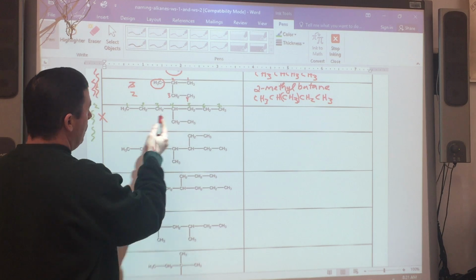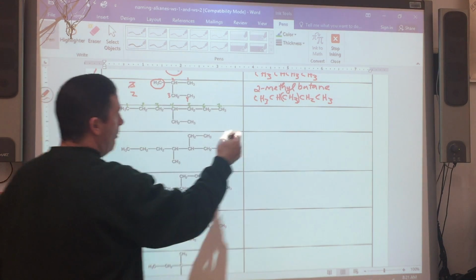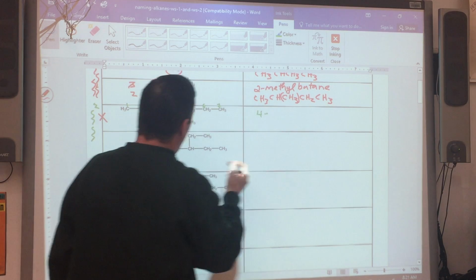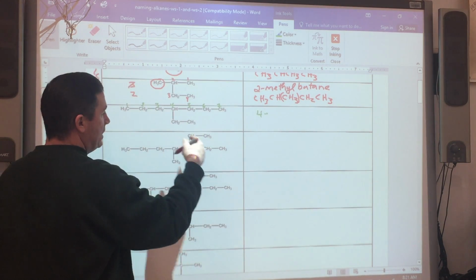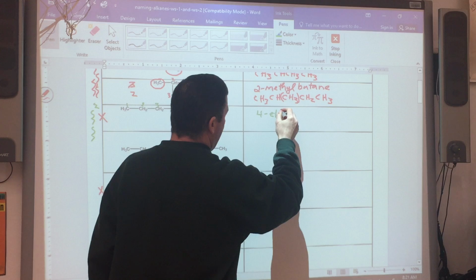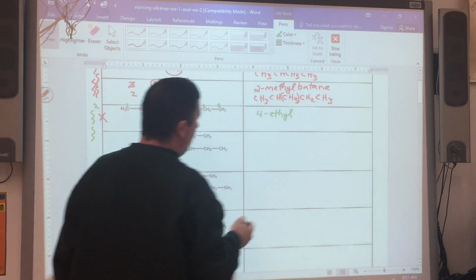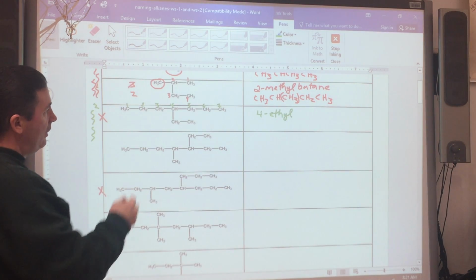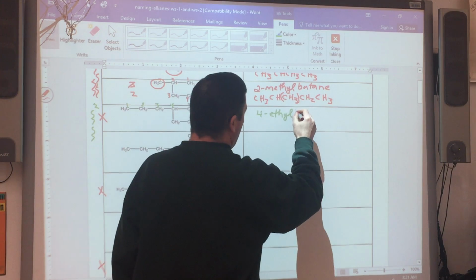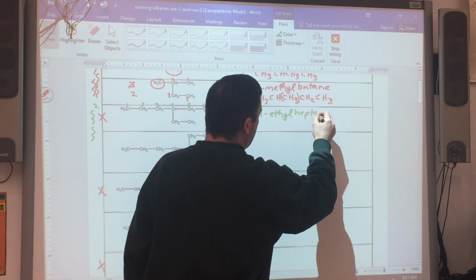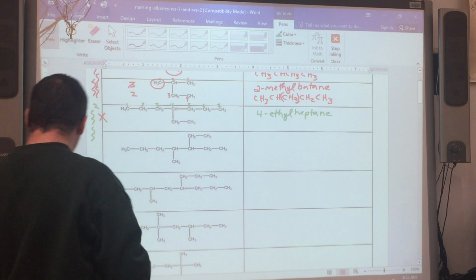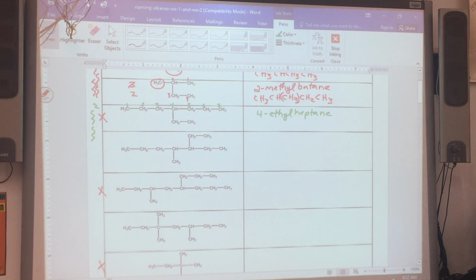Okay? So, number 4, what is it? 2 means eth, and it's not ethane, it's ethyl. And my long chain, 4-ethyl heptane.